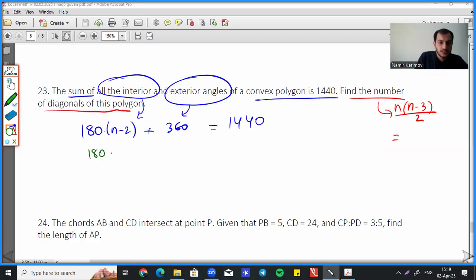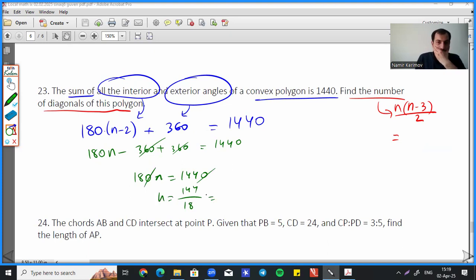Here it's 180n minus 360 plus 360 is equal to 1,440. So 180n is equal to 1,440. We can simplify by 2, 72 and 9, and it's 8.